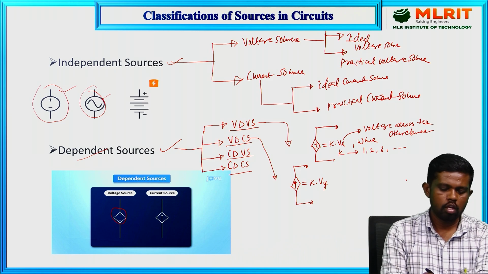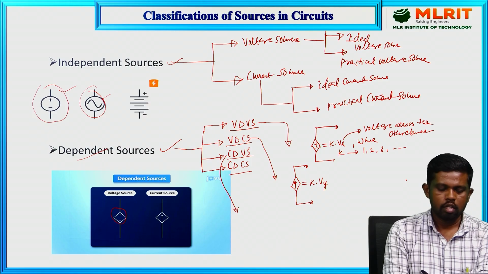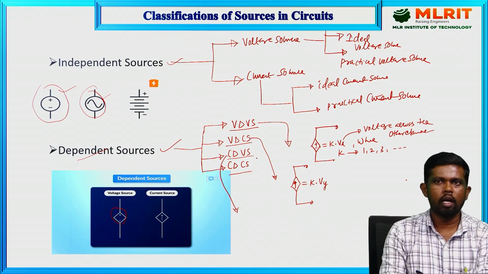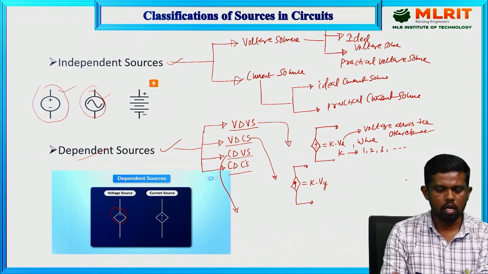Now coming to the other one, a purely voltage source. It is a dependent voltage source whose value is controlled by the current flowing through another element, or the current given by the main independent source. Hence it is called a current dependent voltage source.